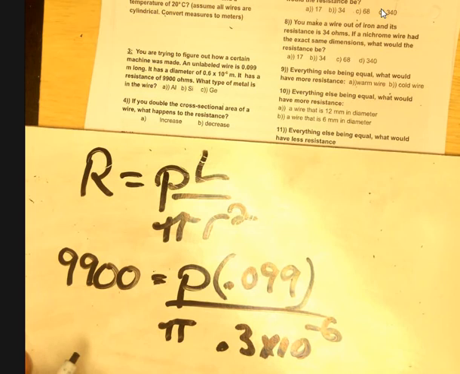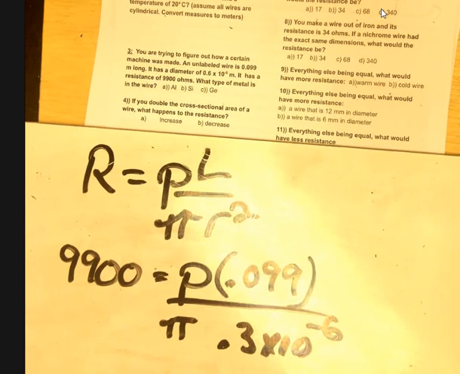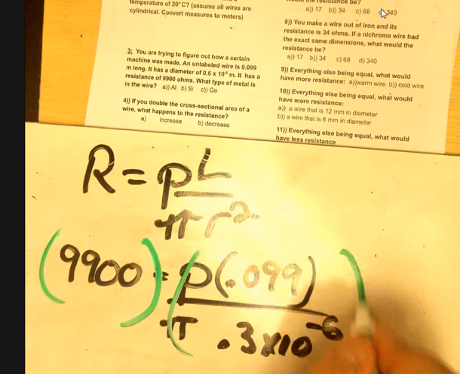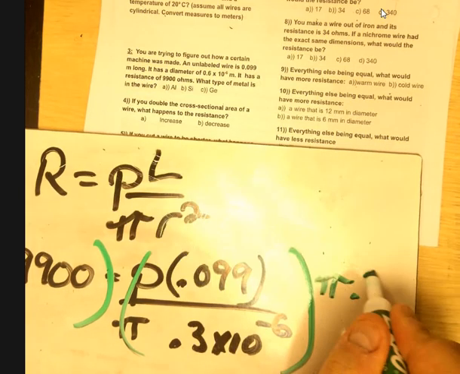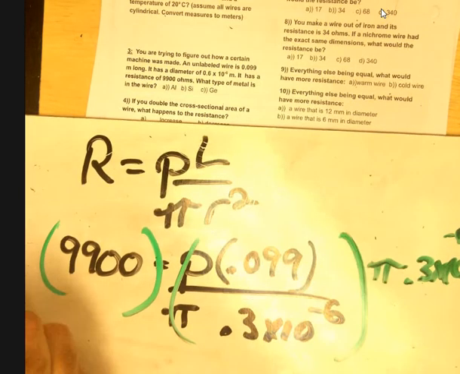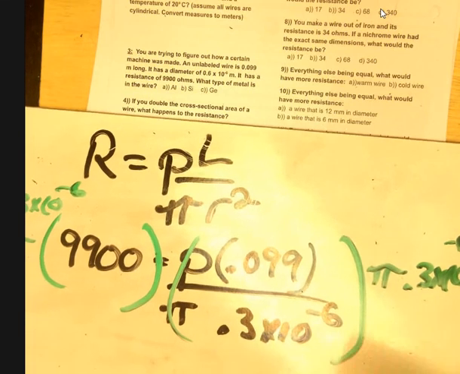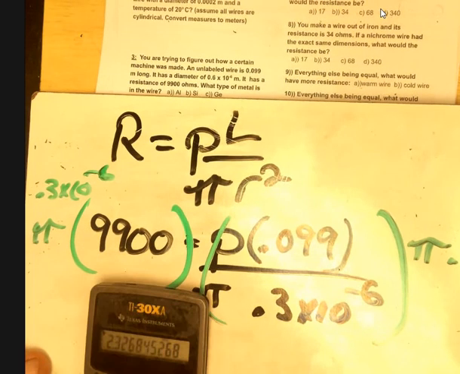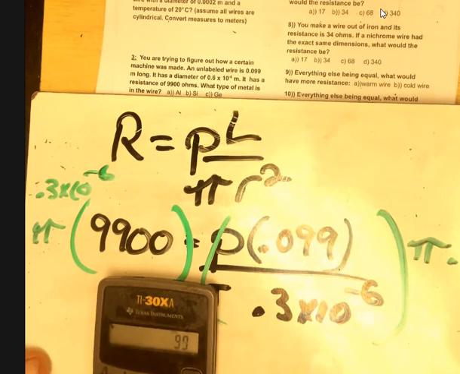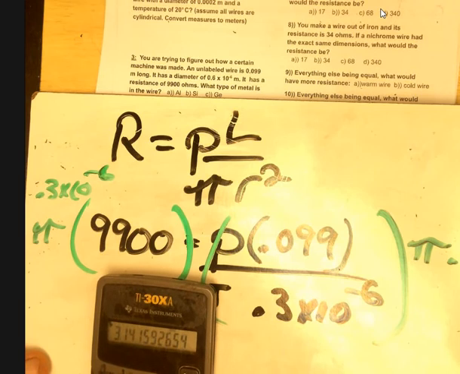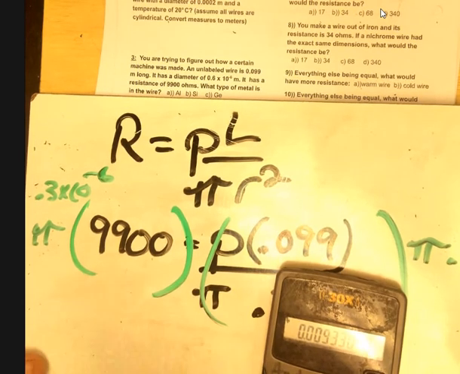So I'm going to multiply both sides by pi, 0.3 times 10 to the negative 6. Pi, and also 0.3 times 10 to the negative 6. I'm going to multiply both of those. So, 9,900 times pi times 0.3 EE negative 6 equals, on the right hand side I get 0.0093.